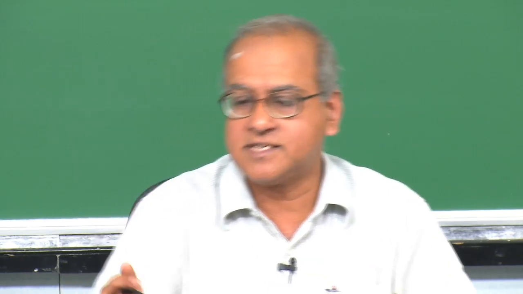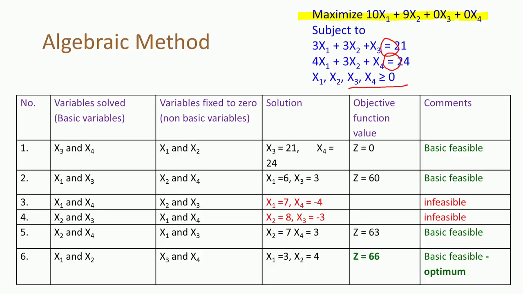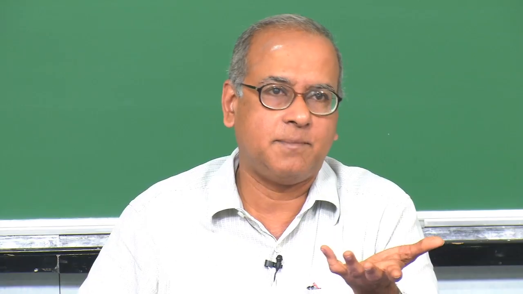Now we can give any value to x3 and x4, except that we want x3 and x4 to be greater than or equal to 0. Therefore, fixing x3 and x4 or fixing any 2 variables, we can do it in infinite possible ways. The easiest thing to do, and perhaps the first thing we can try, is to fix these variables at 0.